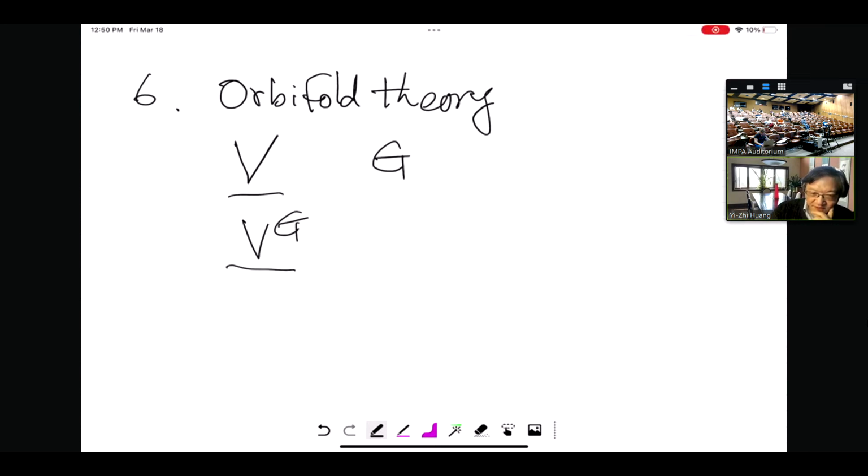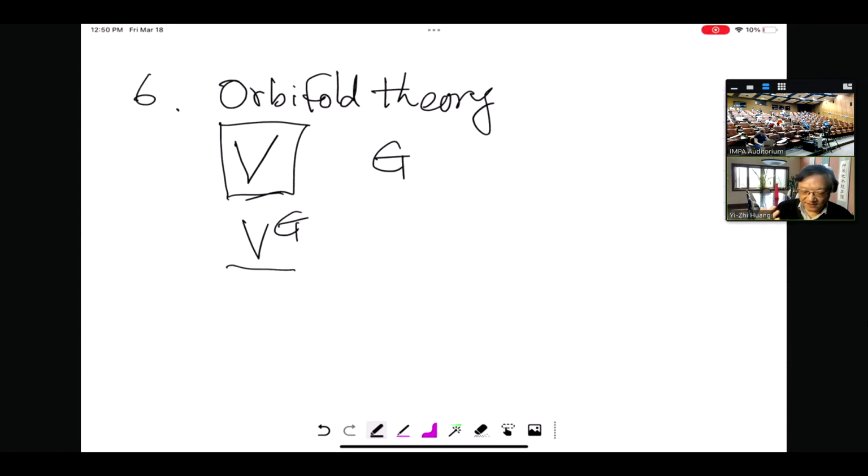Now, the main difficulty is the following. I already proved the theorem that if V satisfies, for example, the conditions of C2-cofiniteness, complete reducibility, and so on, then we can construct everything, all these modular functors, and even high genus convergence is proved. So the modular tensor category, even the Verlinde formula, everything can be proved.